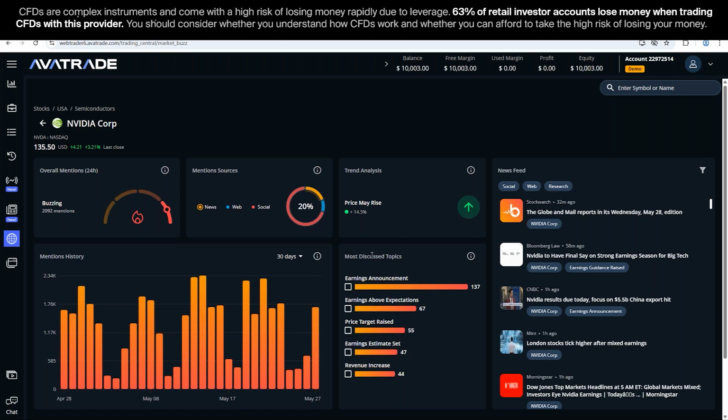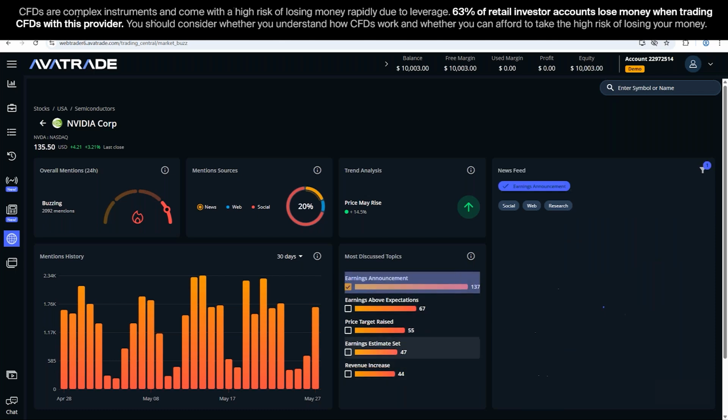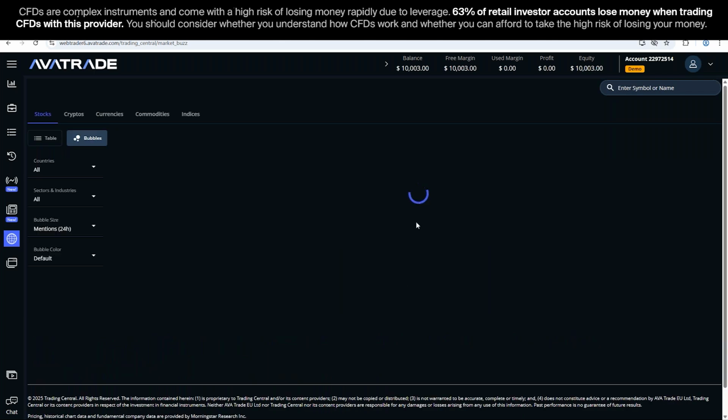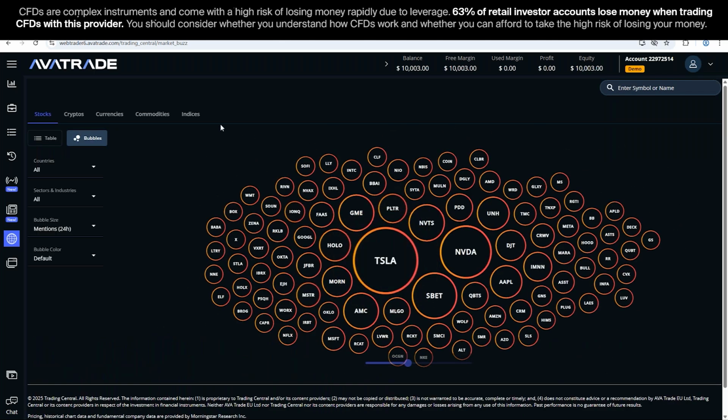Let's suppose I don't want to go through all of that, just focus on the earning announcements. Then I click in here and I'm filtered with only articles specifically related to that. And now I can read and see other parameters in here, price may rise and so on. And I can easily go back and see another stock if I want to. This is again provided by Trading Central.